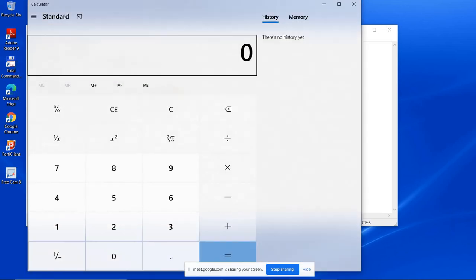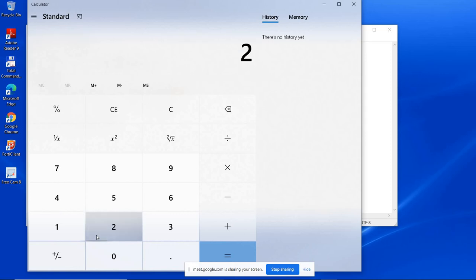Let's say this is a calculator application. Now I want to test its addition functionality. So how would I test it? I will click on this button 2, then plus, then 2, then equal to, right? I'm doing the UI interactions here, guys, on different controls. As soon as I press equal to, I get 4 here.